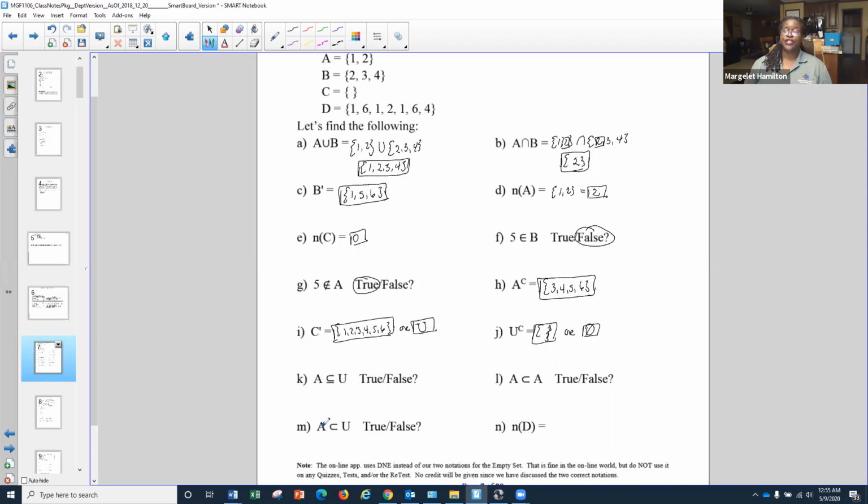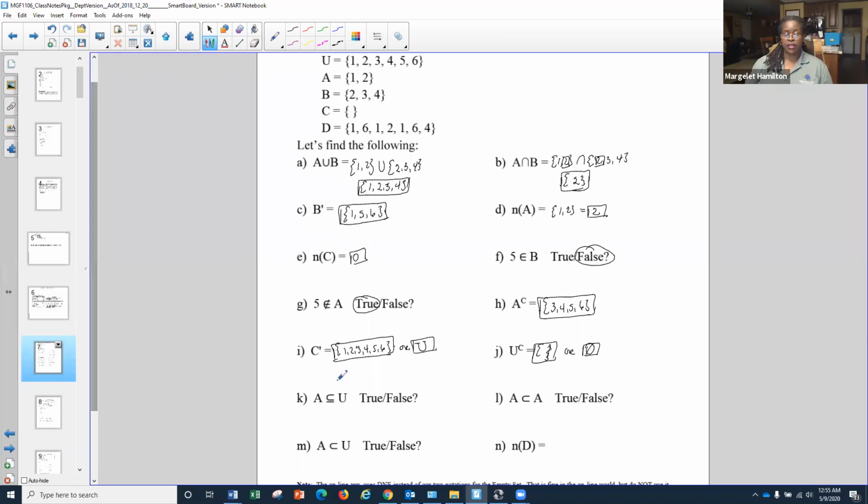So our first question is, can all the elements of A be found in the universal set? Can they? Yes, they can. So the answer, yep, true. All the elements of A, 1 and 2, can be found in the universal set, so it is a subset of the universal set.